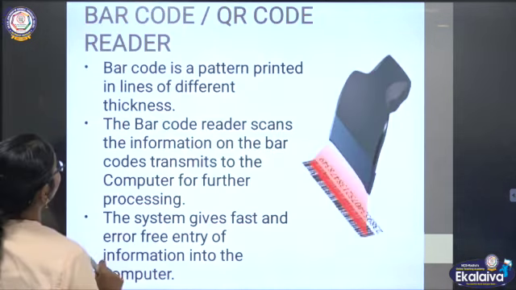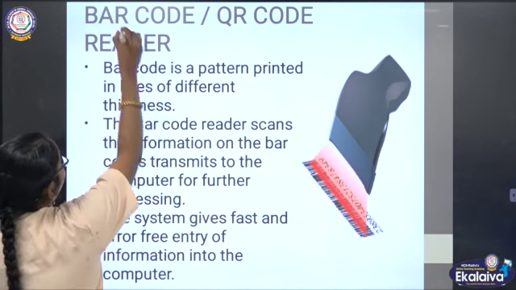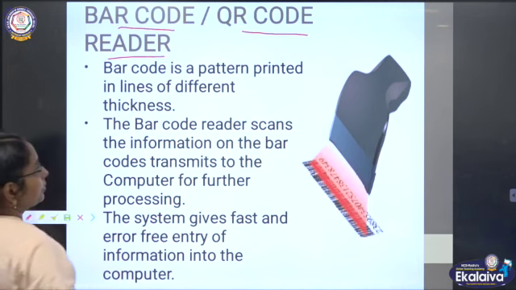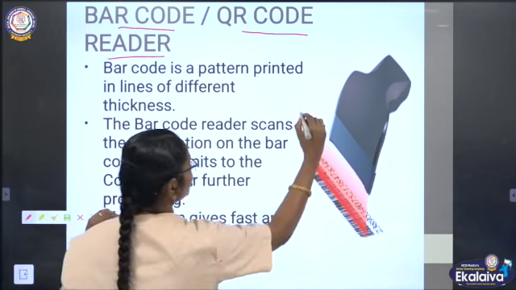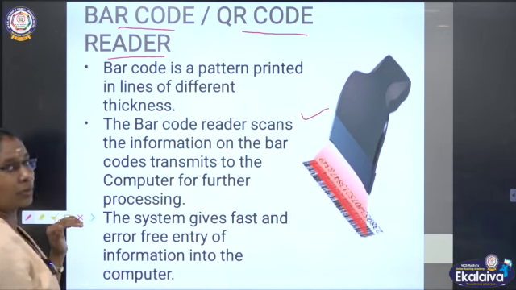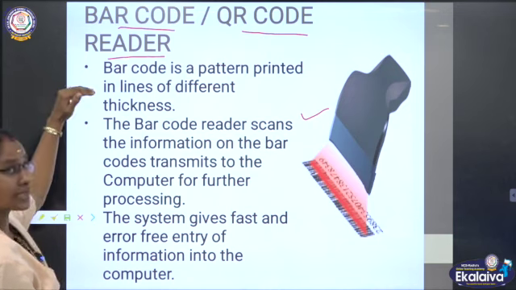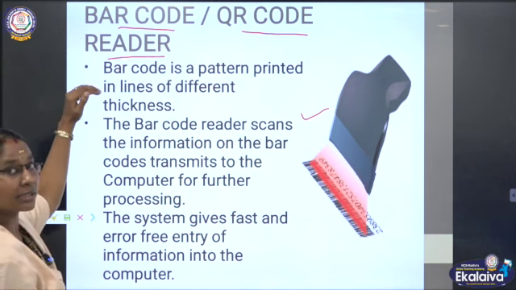Okay, we are going to see about the barcode and QR code reader. We'll see the barcode first now. This is the picture of a barcode. This device uses a unique pattern to scan. What is a unique pattern?